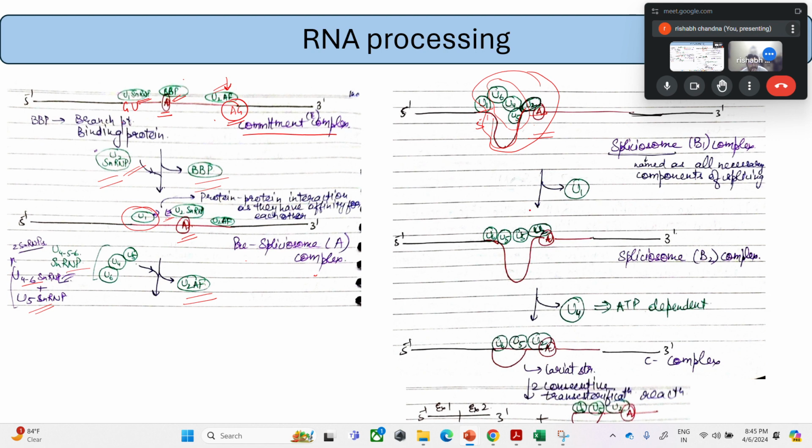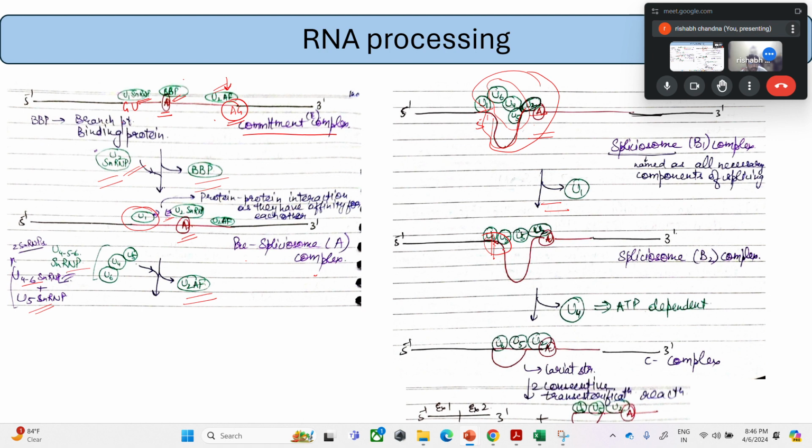And then the U1 snRNP is released and U5 and U6 are bound to the 5 prime splice site. Now U4 is released from this structure, so that the U6 can act upon the 5 prime splice site and cleave it.